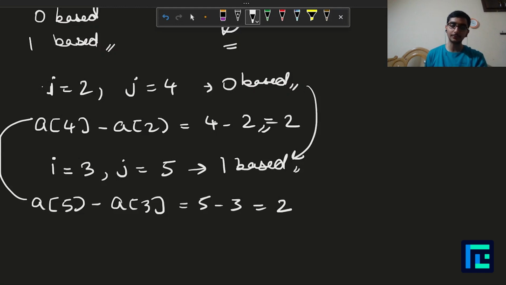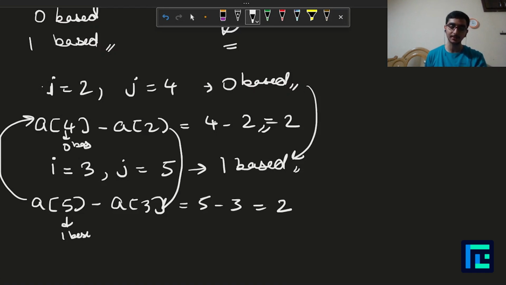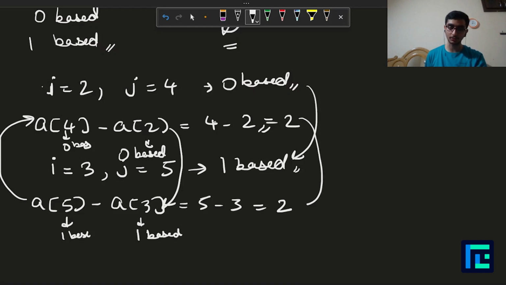A of 5 and A of 4 are the same thing, because this is one based indexing and this is zero based indexing. Similarly, A of 3 and A of 2 are the same thing. And the RHS is also the same. That's why I say that either you choose zero based indexing or one based indexing, it is one and the same.